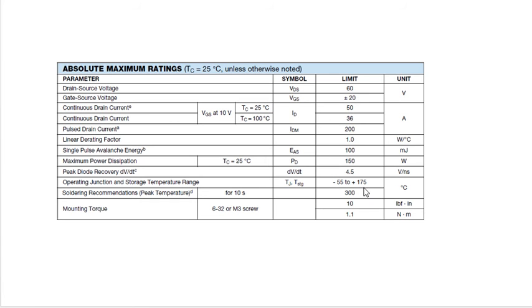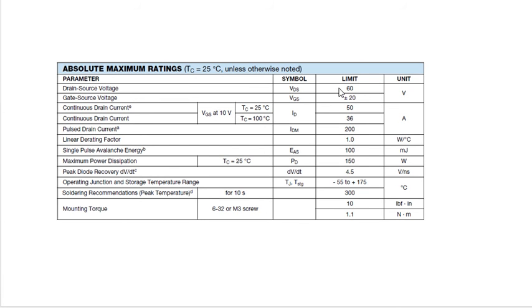And Tj, that is the junction temperature, is limited between minus 55 to 175 degree centigrade. So in any circumstances you should not go beyond these limits. If you exceed these limits, your MOSFET will fail.